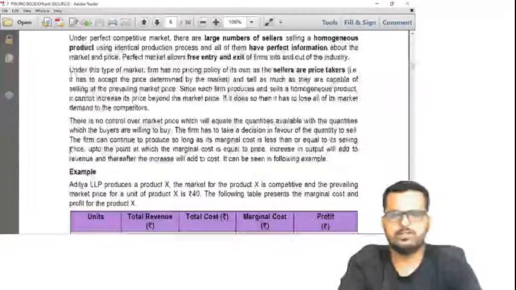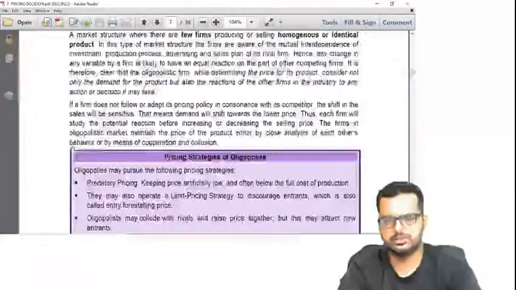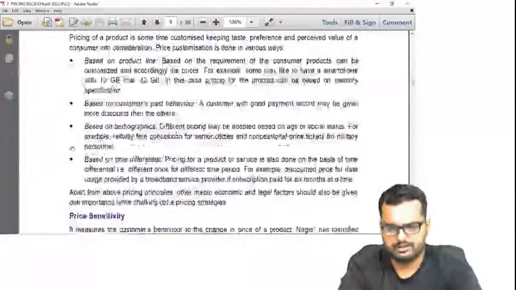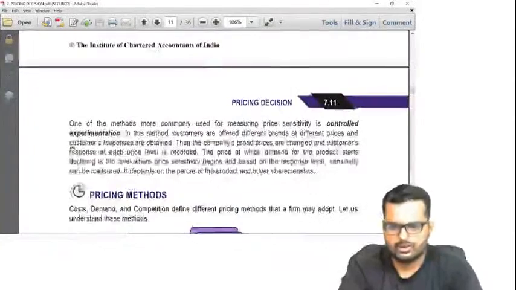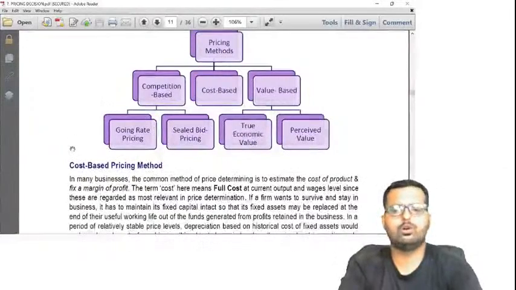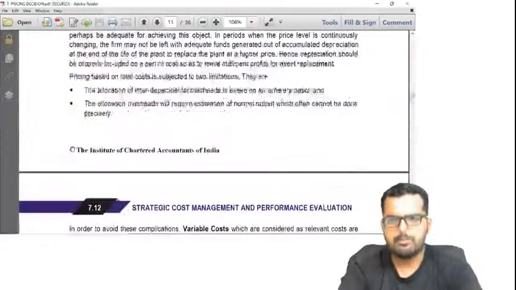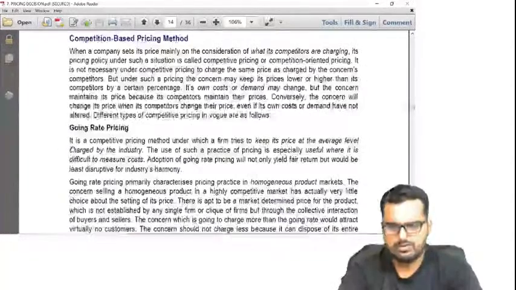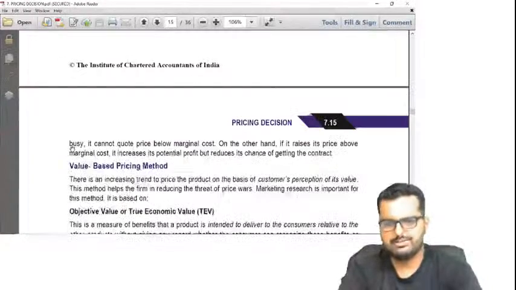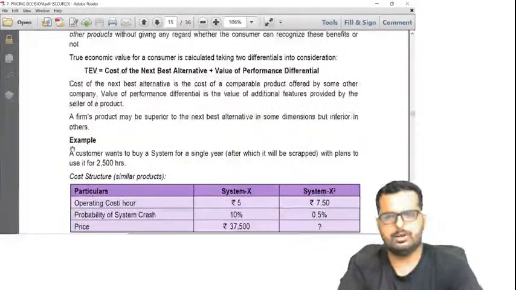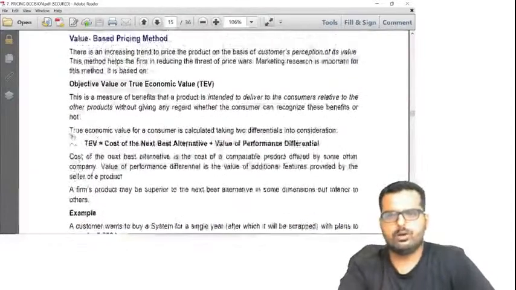Pricing under different market structures, we have just learned perfect competition, monopoly, etc. Now we are going to pricing methods: competition, cost and value based. Going rate pricing we learned, sealed bid pricing we learned. Okay, this is what I want to come to.